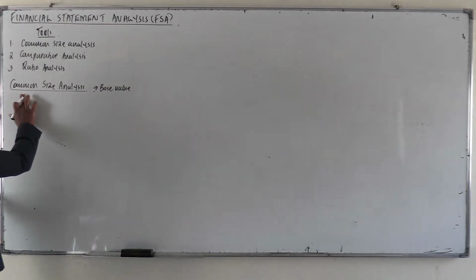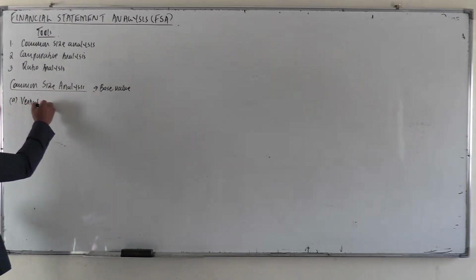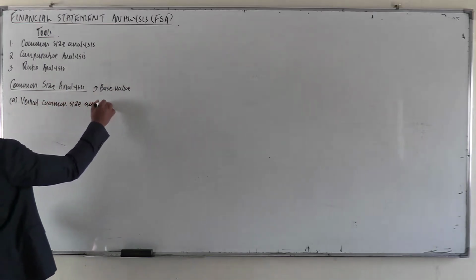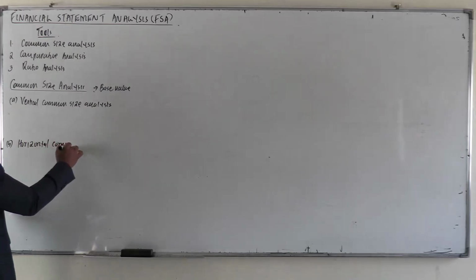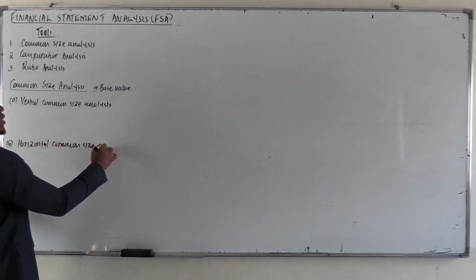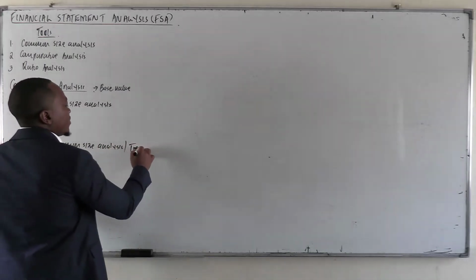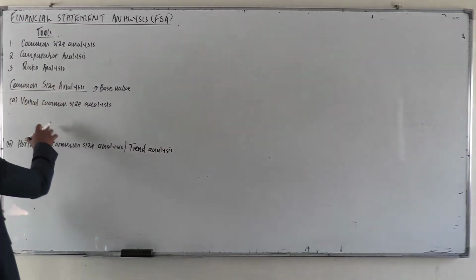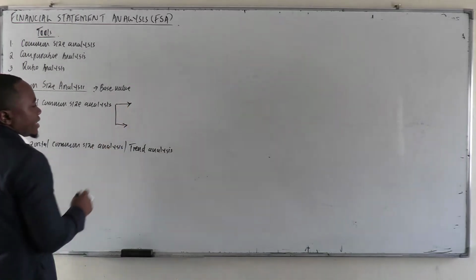The common size analysis is classified into two: A, the vertical common size analysis, and B, the horizontal common size analysis. The horizontal common size analysis is also known as the trend analysis.